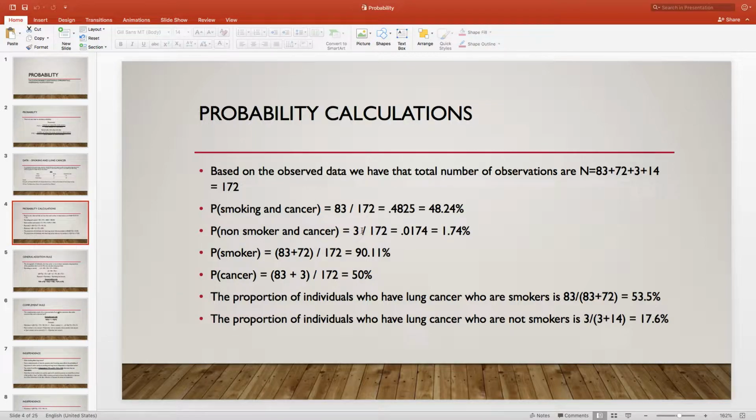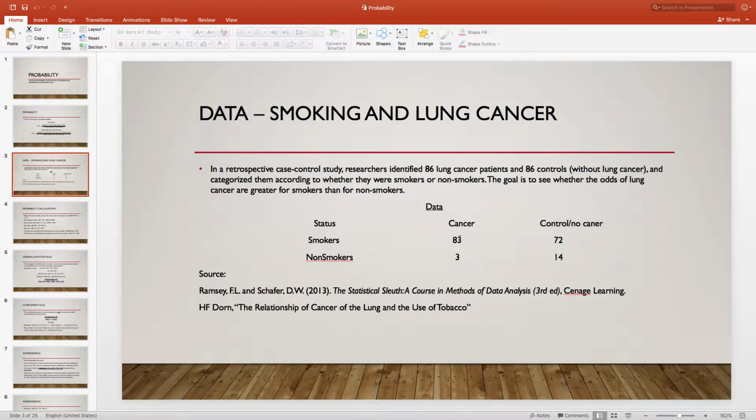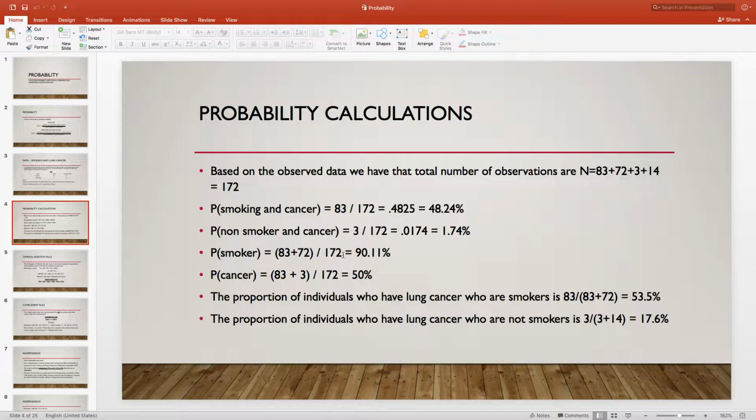Now, the odds someone is a smoker, well, you can have cancer and be a smoker, or you cannot have cancer and be a smoker. And you'll get this 83 plus 72 over 172, or 90%.